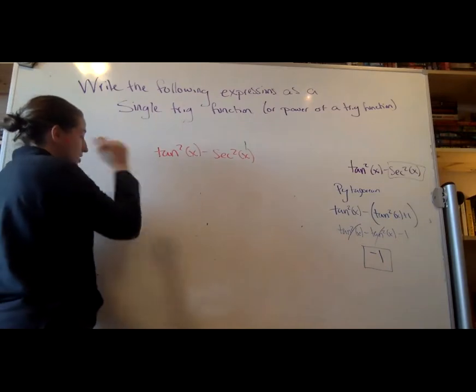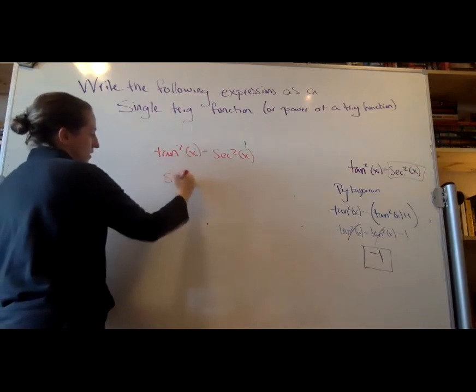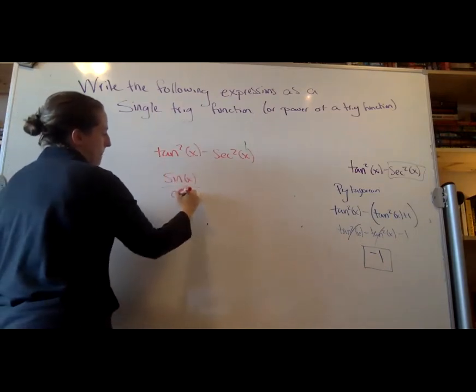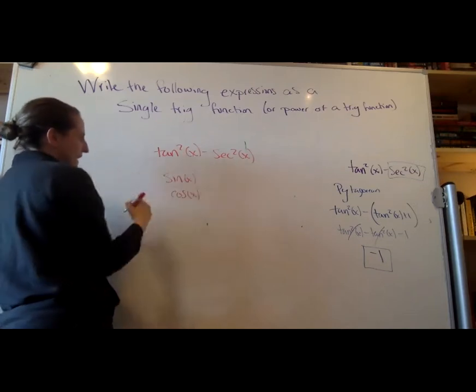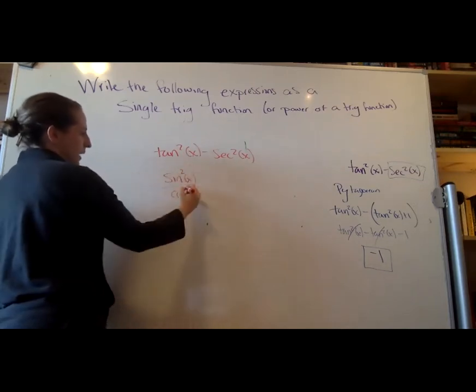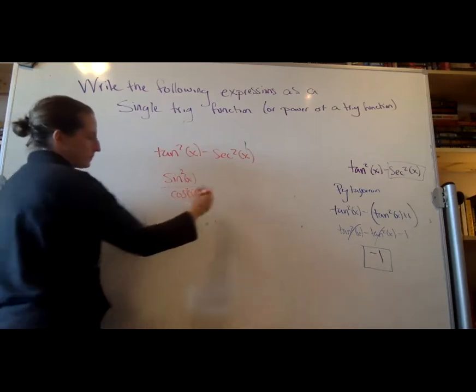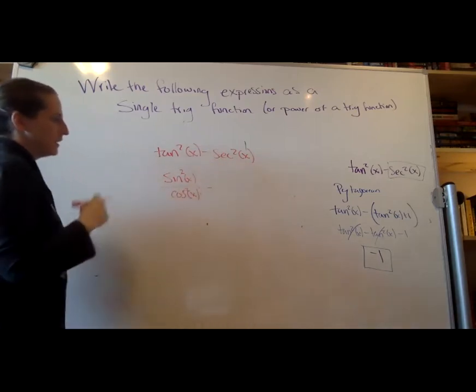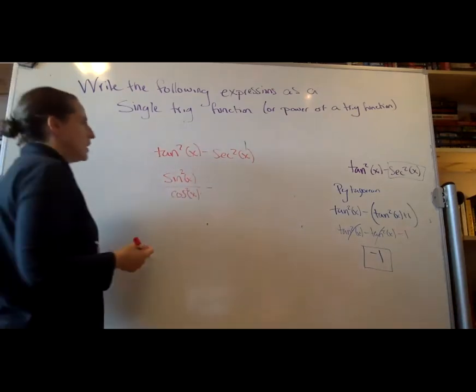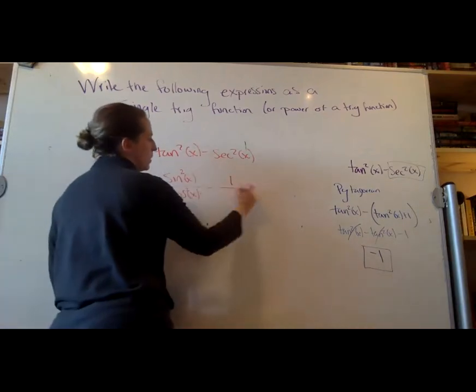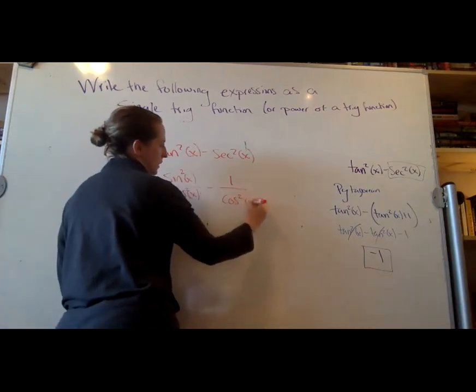Tangent is sine over cosine, which means tangent squared is sine squared over cosine squared. Secant is 1 over cosine, which means secant squared is 1 over cosine squared.